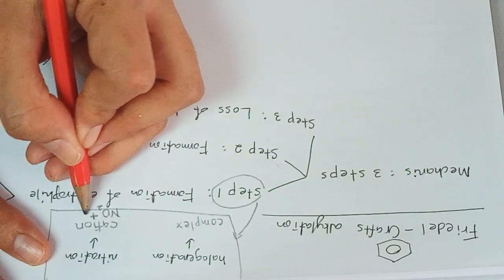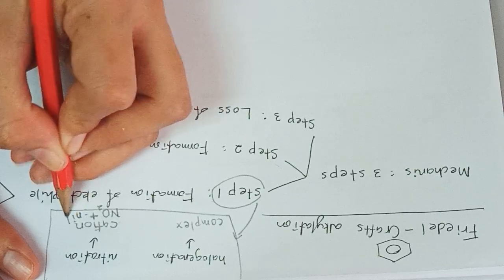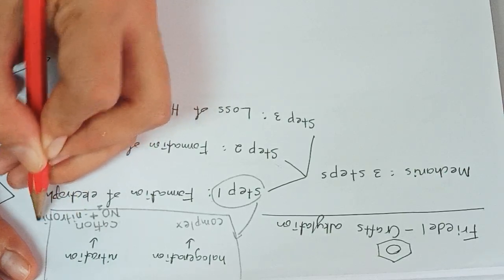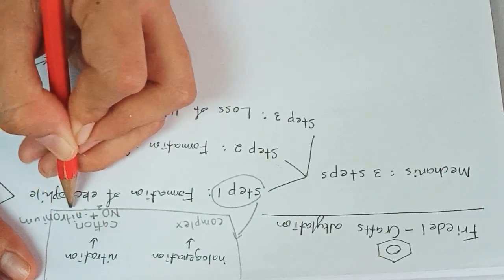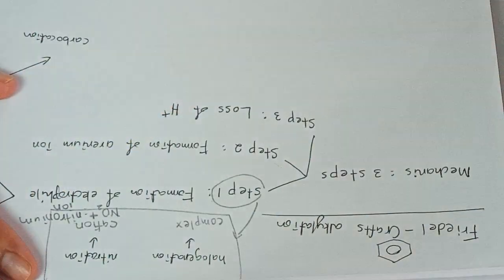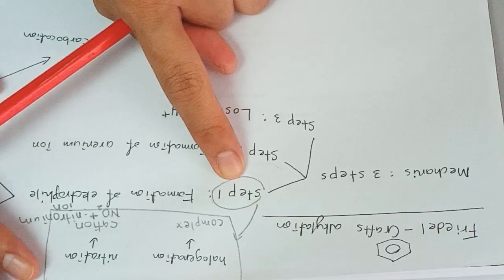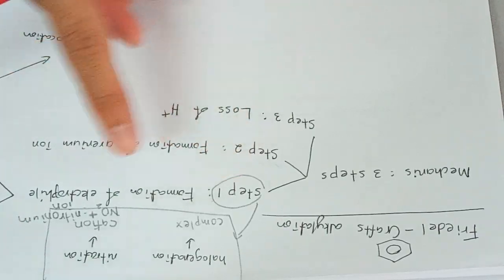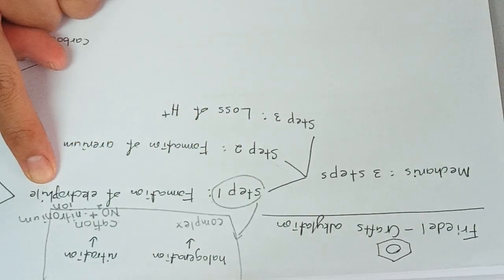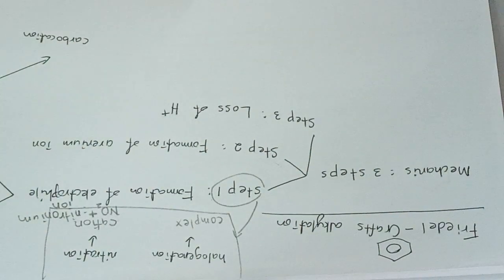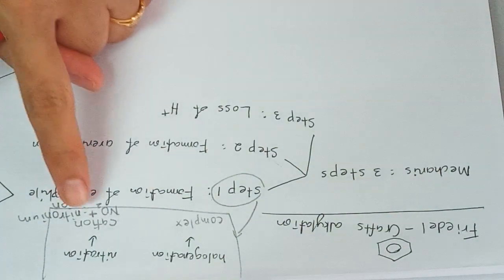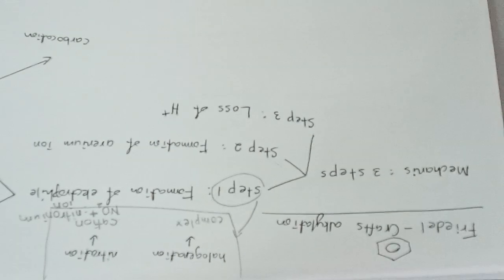Remember, we call it the nitronium ion. So basically, for step 1, you have to be aware that for the formation of electrophile, we have 2 types of electrophile. We have the cation and also the complex.